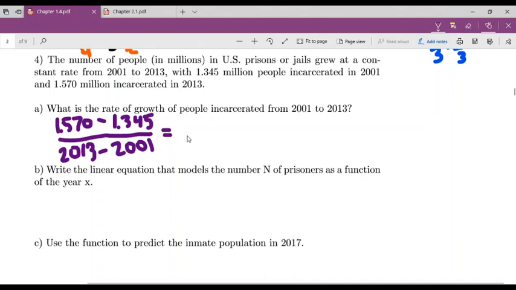Now 2013 minus 2001 is pretty simple. It's just 12. Let's check the other part. You should have your calculator right there and be able to work with it. But 1.570 minus 1.345 should give you 0.225.